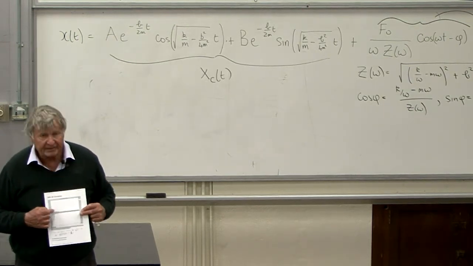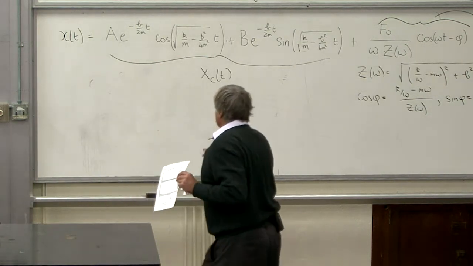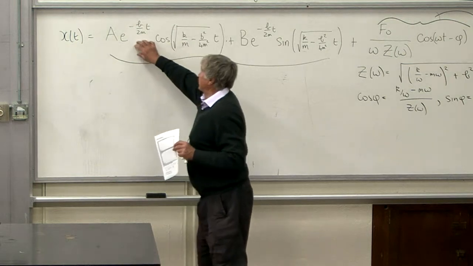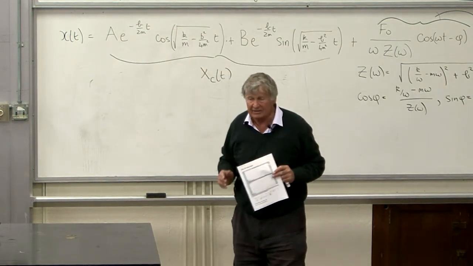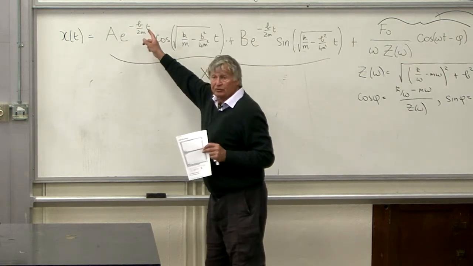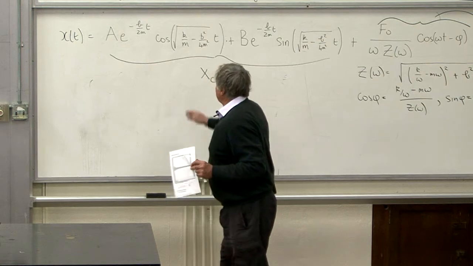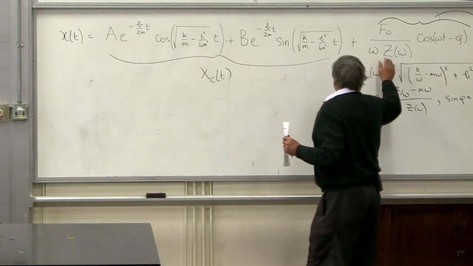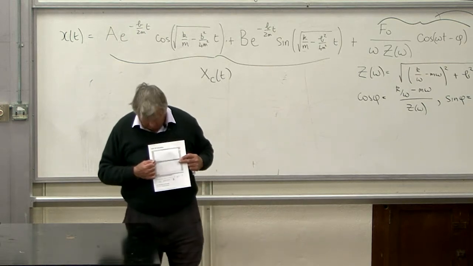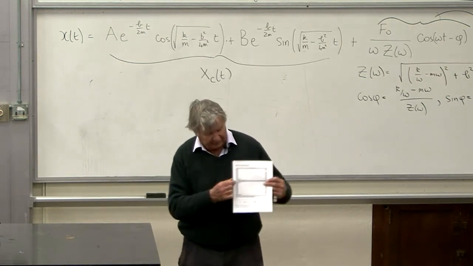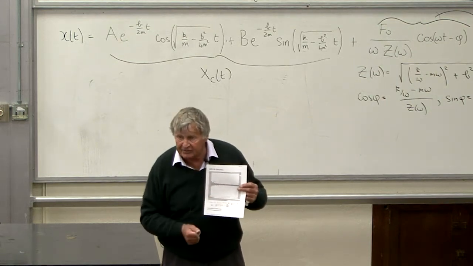And so this is at the initial stages, when the damping of the complementary part is fairly small, in other words, t is fairly small, so e to the minus b over 2m t is more or less 1. Then these two parts beat together. Sometimes they reinforce, as when the amplitude of the motion gets quite big, and sometimes they cancel.